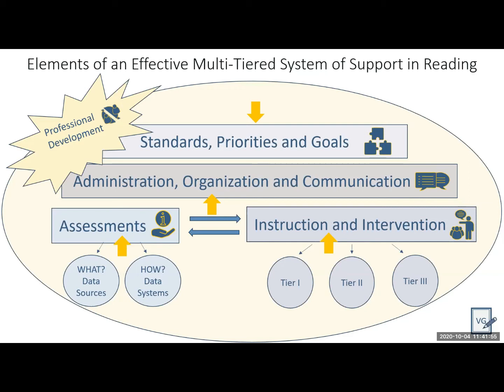To sustain this model, effective school leaders offer job-embedded professional development opportunities that address each of these areas comprehensively. Together, these 5 elements reflect the knowledge, skills, and competencies needed to demonstrate effective literacy leadership within an MTSS-R system.